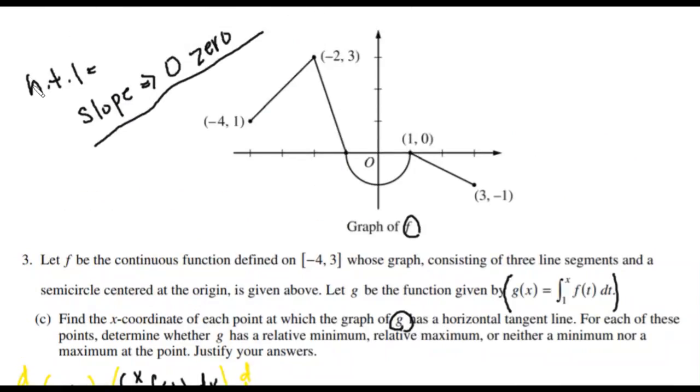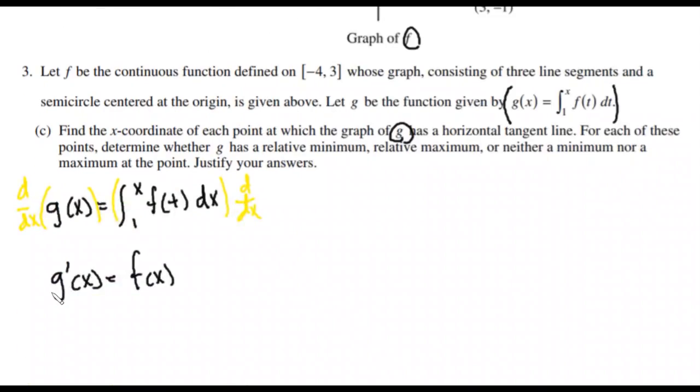And we said, for a horizontal tangent line, the slope is always 0. What did I tell you in part B? The prime function tells you the slope. Because g has a horizontal tangent line, we want its slope to be 0. That means, because g prime x is equal to f of x, this will be 0.